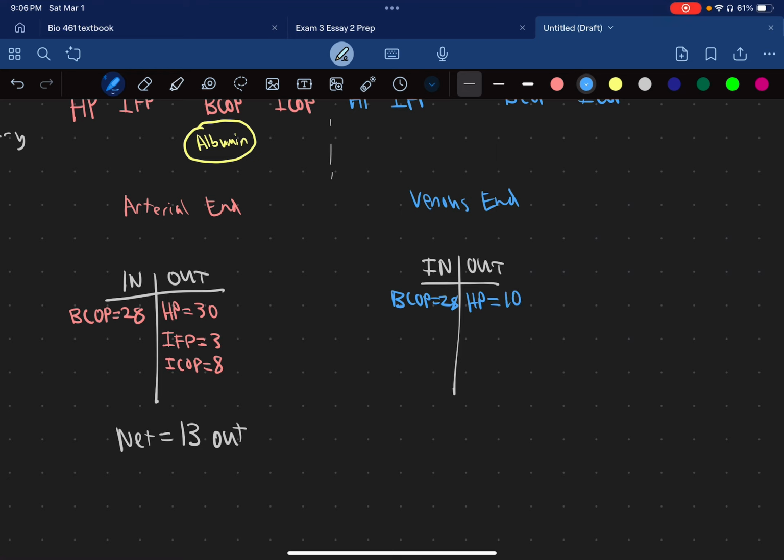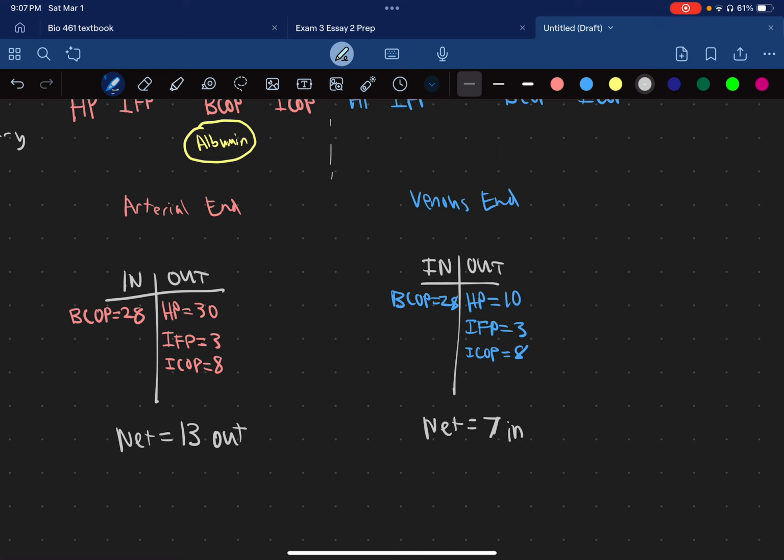Hydrostatic pressure is now only 10. IFP 3. ICOP 8. So our net here is going to be 7 millimeters of mercury into the cell.